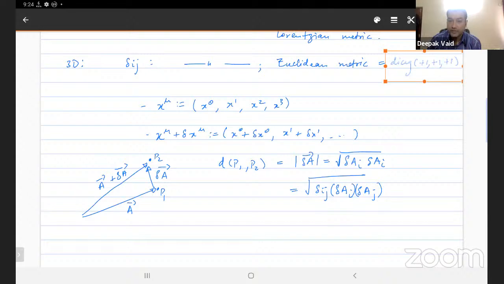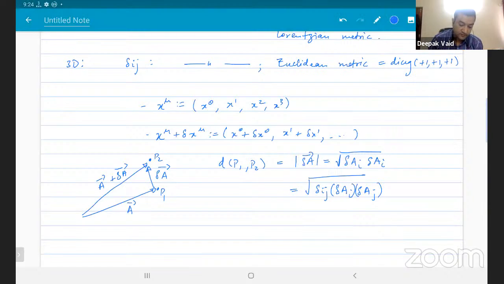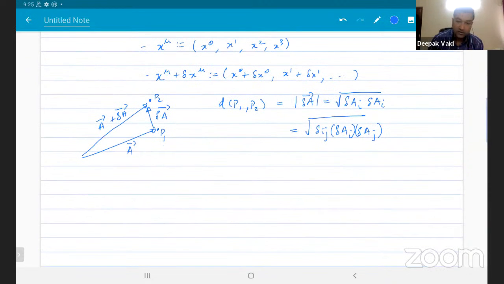Now you could be in polar coordinates or spherical coordinates or cylindrical coordinates. So in those different coordinates, the expression for this metric will change. I'll talk about that at a suitable point in the future.